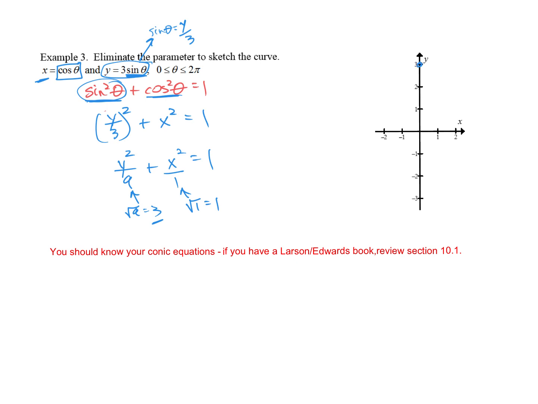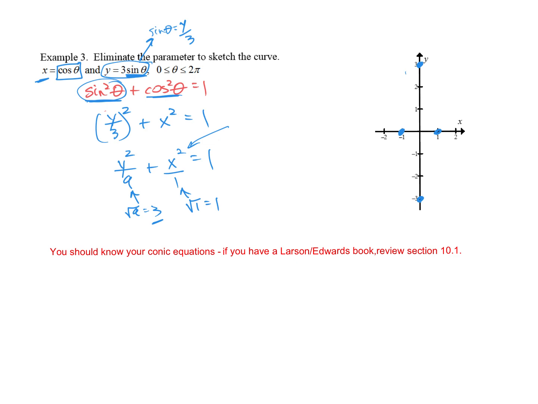This is centered at 0, 0 because there's nothing added or subtracted to the x and y on top of these, like an x minus 2 squared or something like that. From that center, we go up 3 and down 3 to get our coordinates on the y-axis, and then we go over 1 to the left and right of the center to get the width of that ellipse. And then we'll draw our graph.